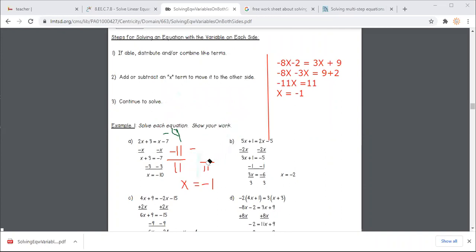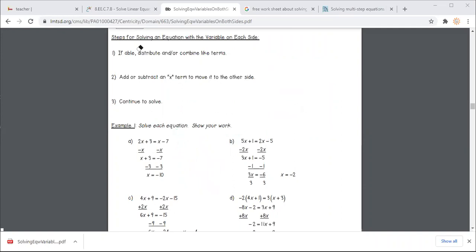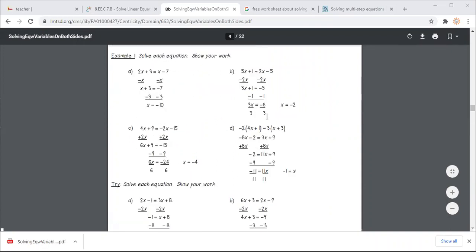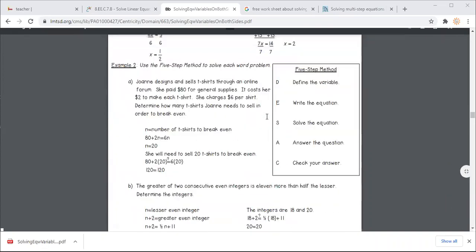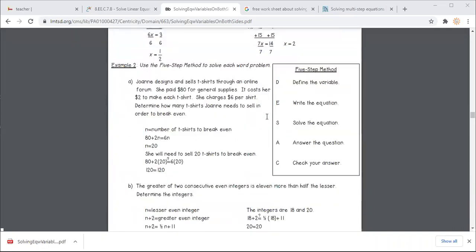We will move now to the word problems. When we have a word problem and we want to put our strategy to answer the question, we have main steps we can use once we want to answer any word problem. What are the 5-step methods? First, we have to define the variable.